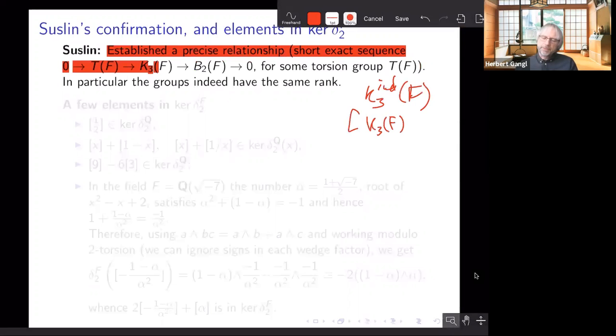There is something like a simpler part, as some people call it, K3 Milnor. So you have the quotient K3 of F by K3 Milnor, and this quotient will be the correct one, indeed. So that is wrong as it stands. It should be K3 indecomposable.